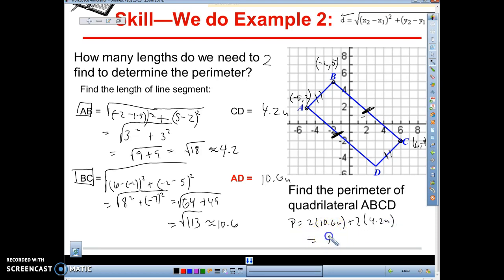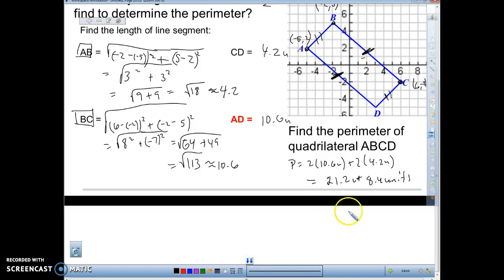Okay, so 21.2 units plus 8.4 units, which ends up being 29.6 units. That's the perimeter.